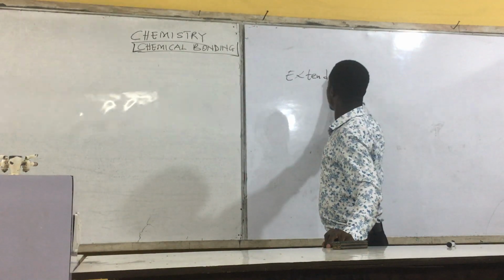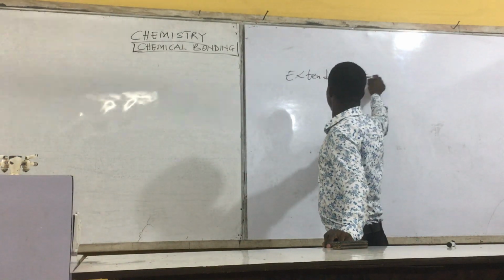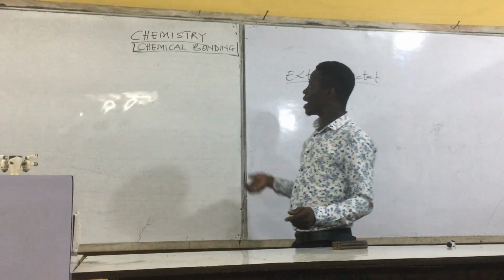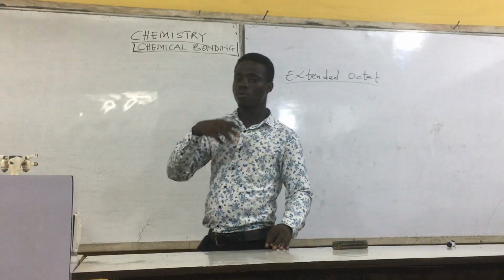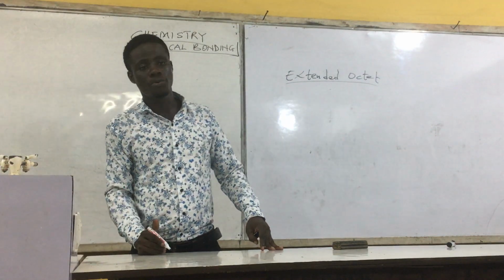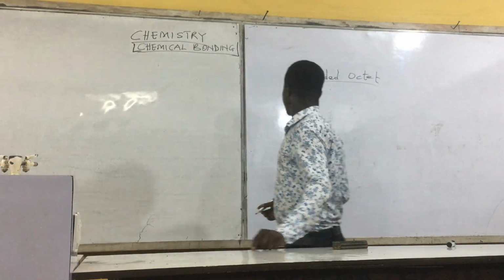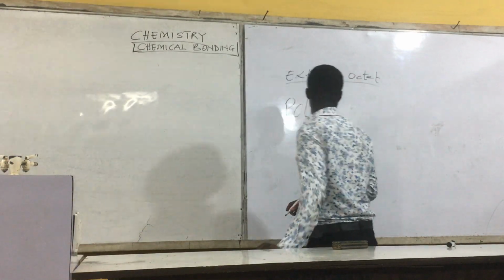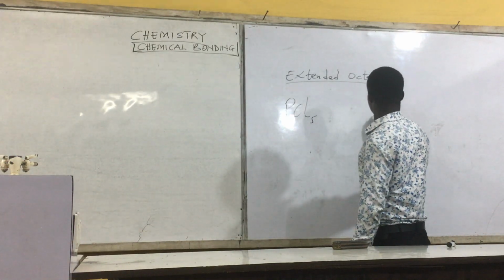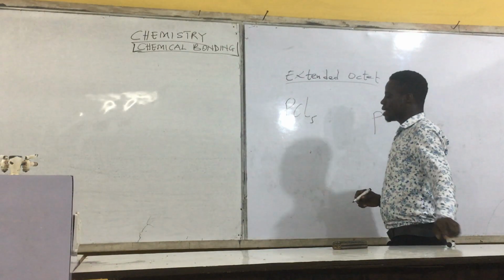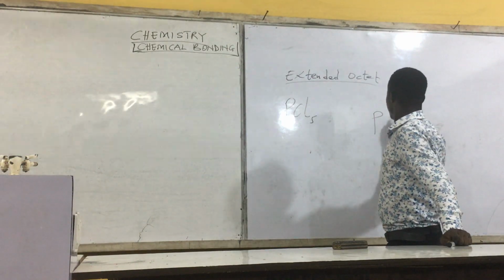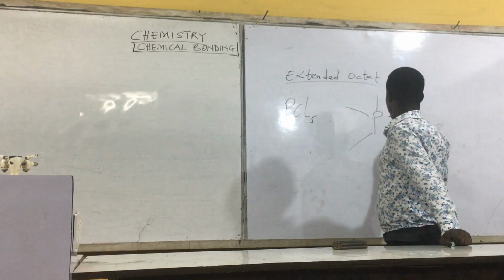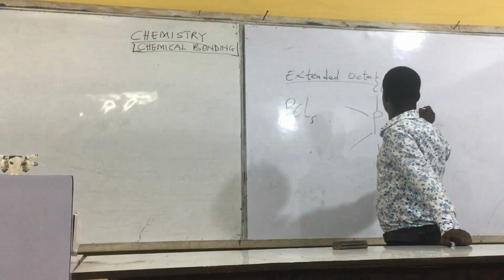Extended octet. Just like we're saying, anytime you draw a Lewis dot structure for molecules, it always obeys the stability rule. But there are some exceptions, like PCl5. For instance, the central atom here is phosphorus, and we'll have something like this, with chlorine.